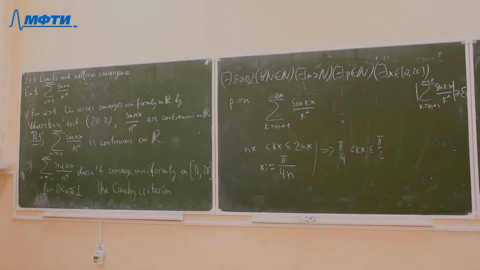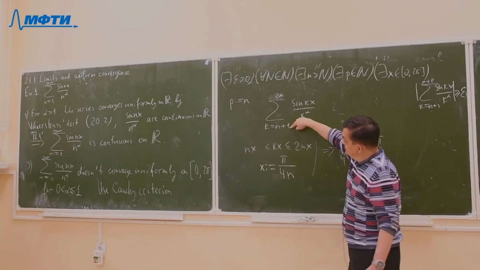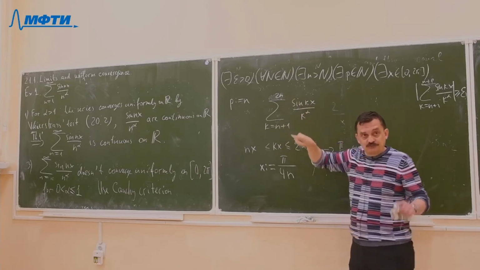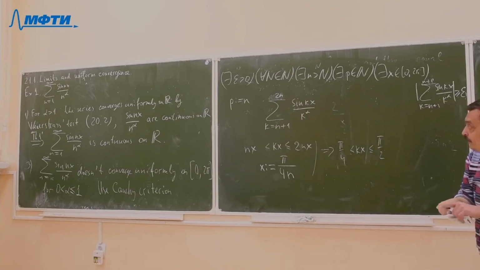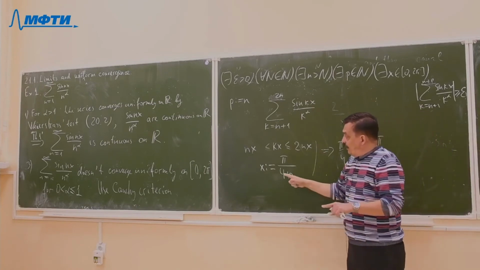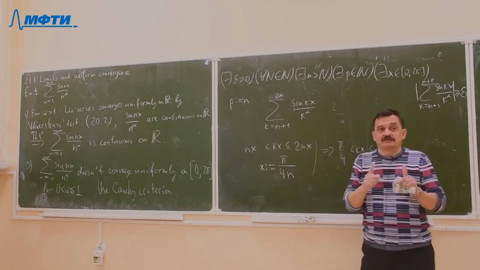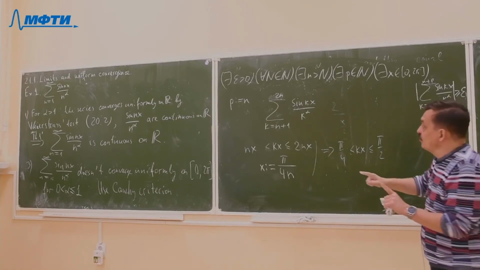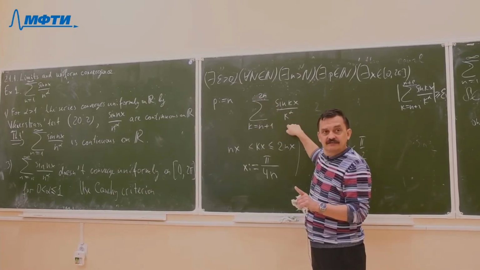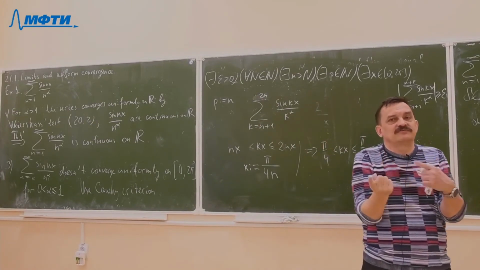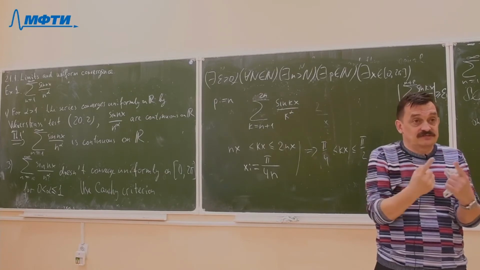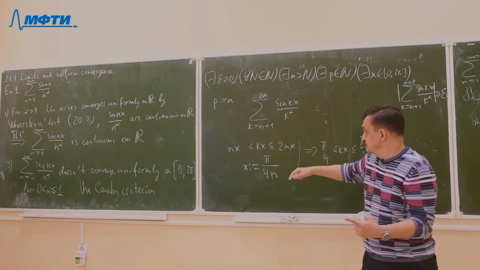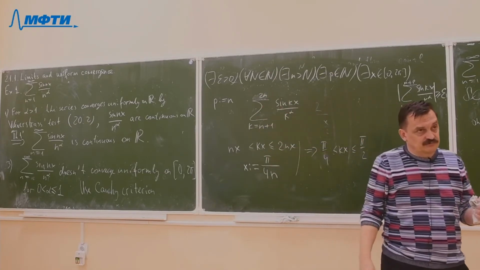So look, we consider the sum where k starts from n plus 1 up to 2n. And once I choose x, remember, I have to choose one x for all k which are here. I cannot choose different x's for different terms. It's impossible. I have to choose one value of x for all terms in our sum.